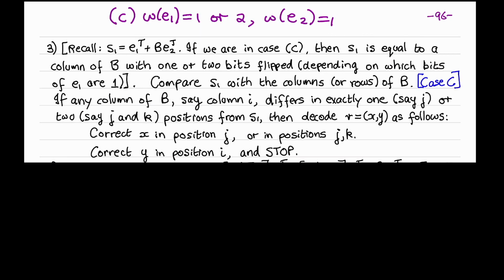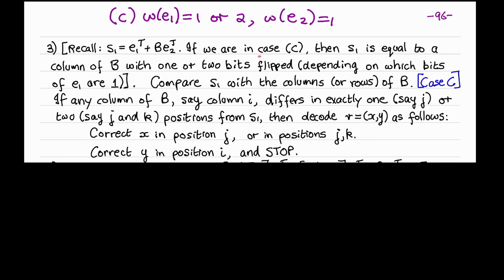Step 3 of the decoding algorithm will handle the case where the error vector is of type C. So the weight of the right half of the error vector is 1, and the weight of the left half of the error vector is 1 or 2. Recall that the syndrome S1 is E1 transpose plus B E2 transpose.